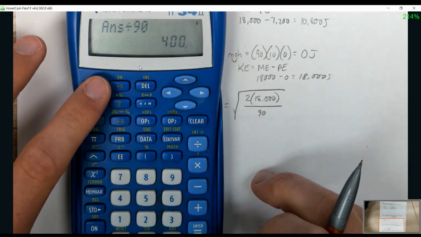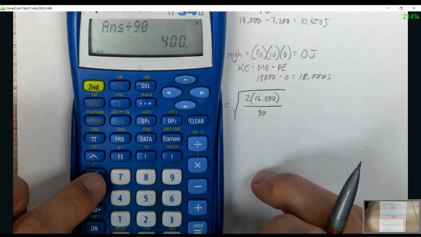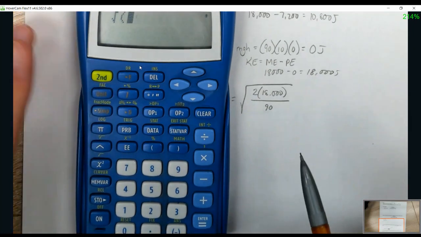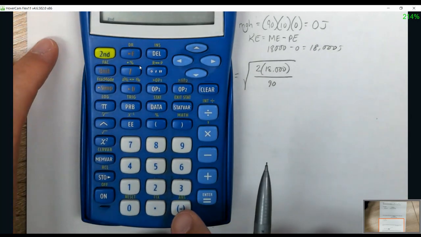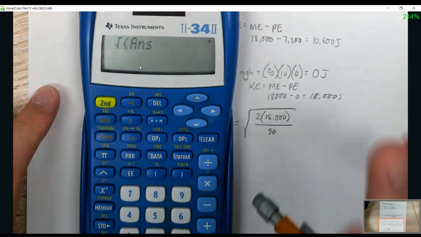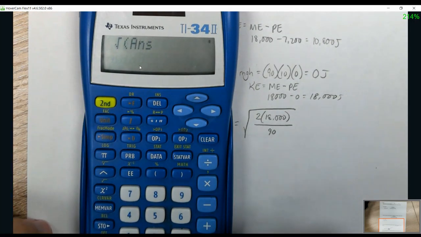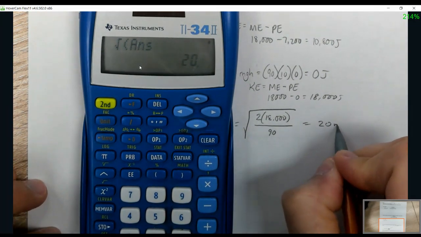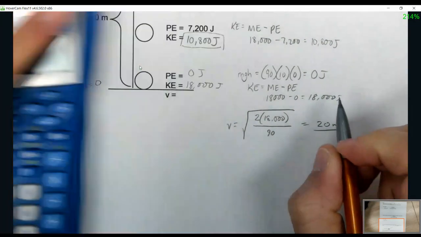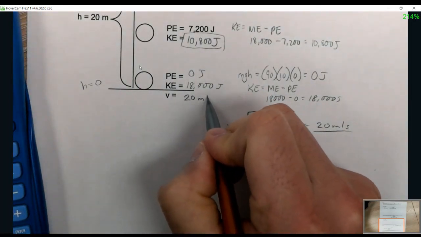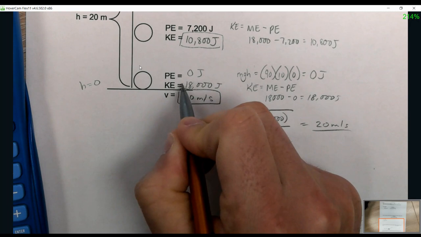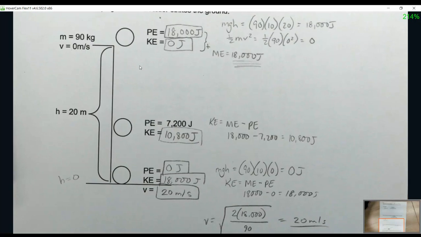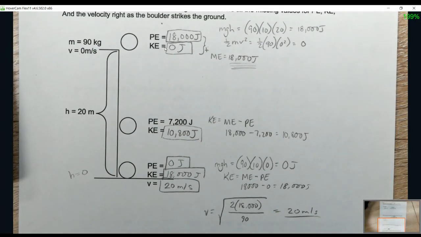On these calculators, you can hit second, x squared, that's how you get to the square root. I forgot what the number was already. That's okay, that's why we can hit second and then answer, as long as you didn't do anything else with that number. I know it was 400, I was just showing you how to do it. And the velocity comes out to be 20 meters per second. And there you go.